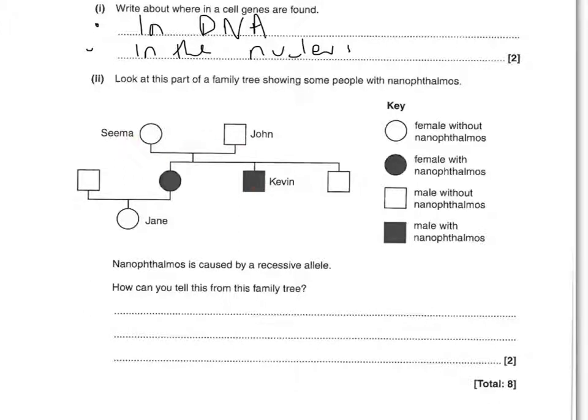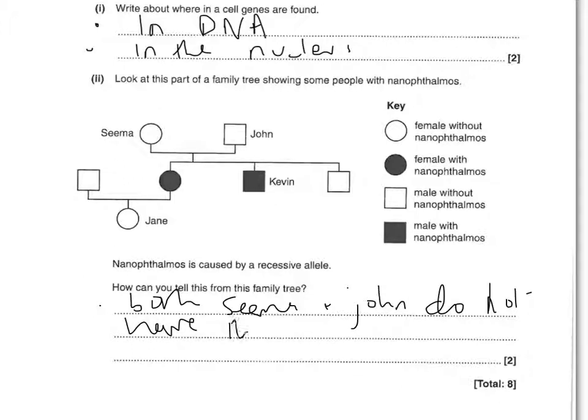So to get these marks, all you've got to say is the first thing is that both Seema and John do not have the disorder, but they have children that do.